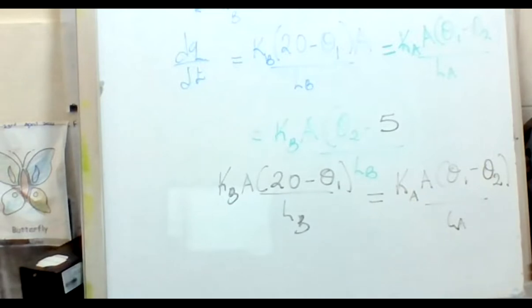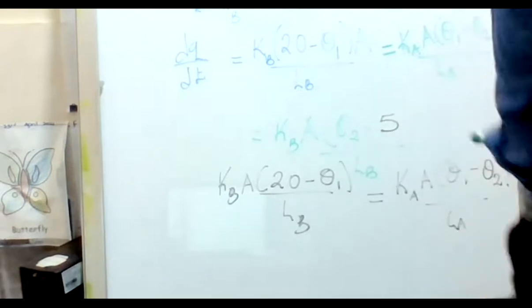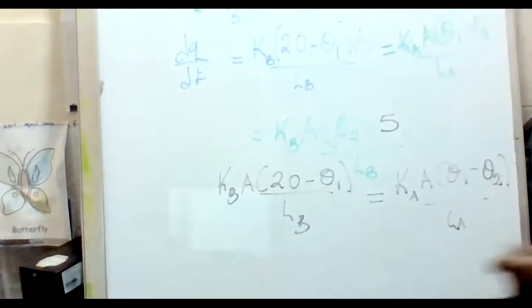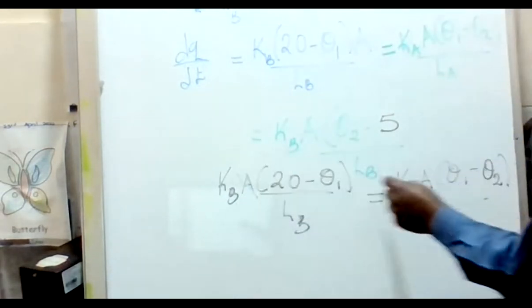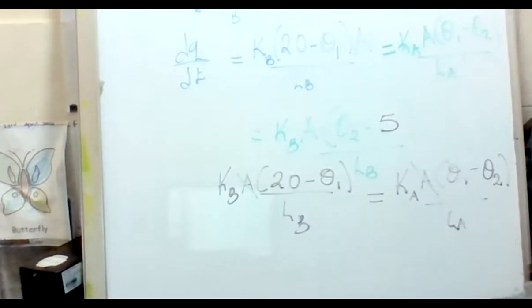That will give us the first equation. So when we equate the two equations, we can see that A will go away, its cosine will go away from the equation.